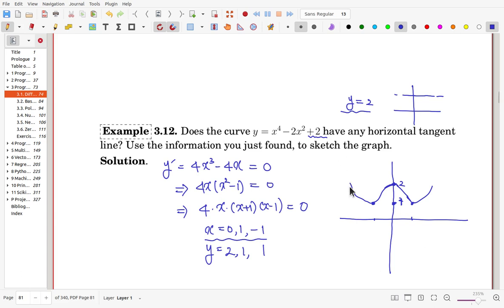In fact, the graph of this function must be symmetric with respect to the y-axis. So we have such a graph, the shape of a W.